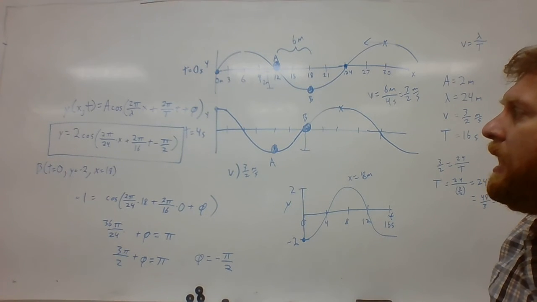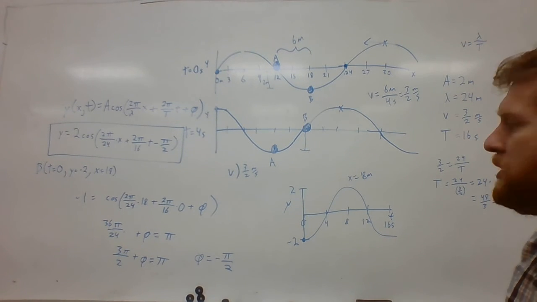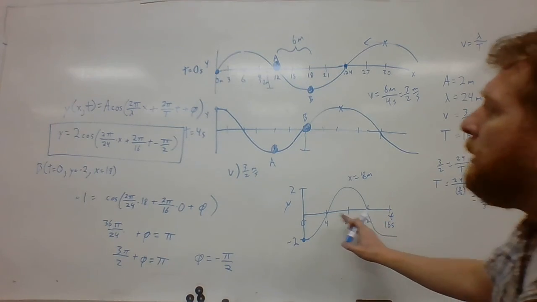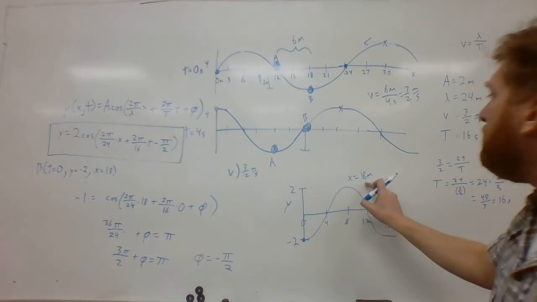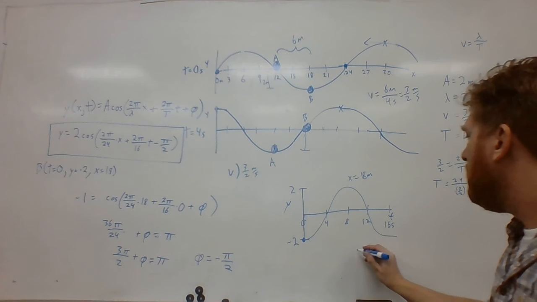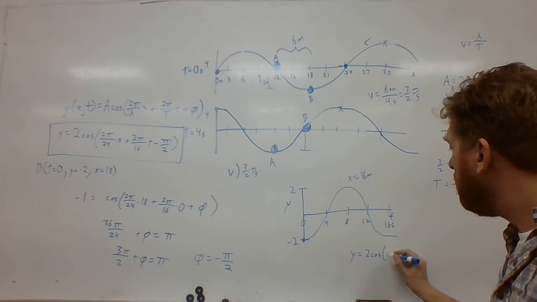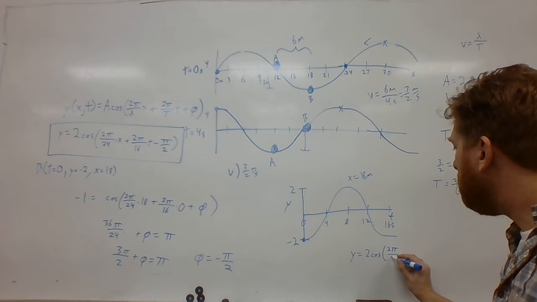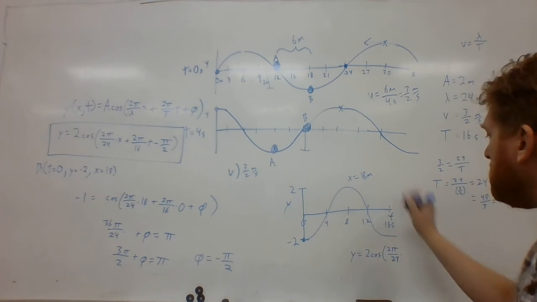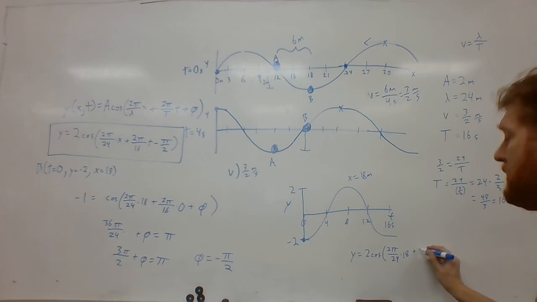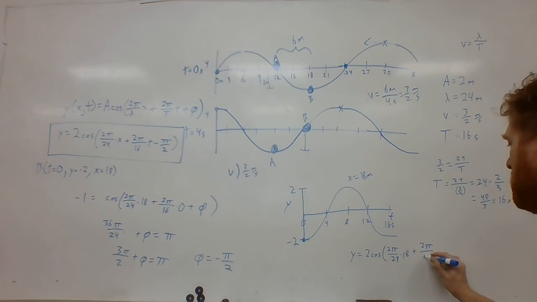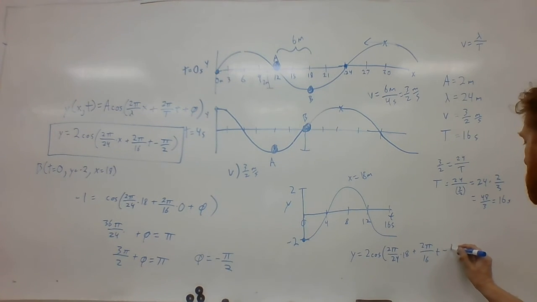We can write an equation describing this graph. All we have to do is take this equation and plug in the position. So this equation is y equals 2 cosine of 2 pi over 24 times the position, which is 18, plus 2 pi over 16 times time, minus pi over 2.